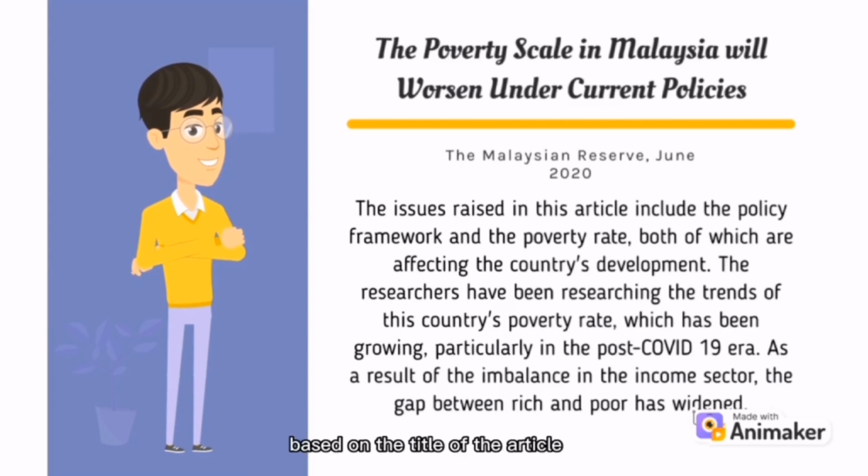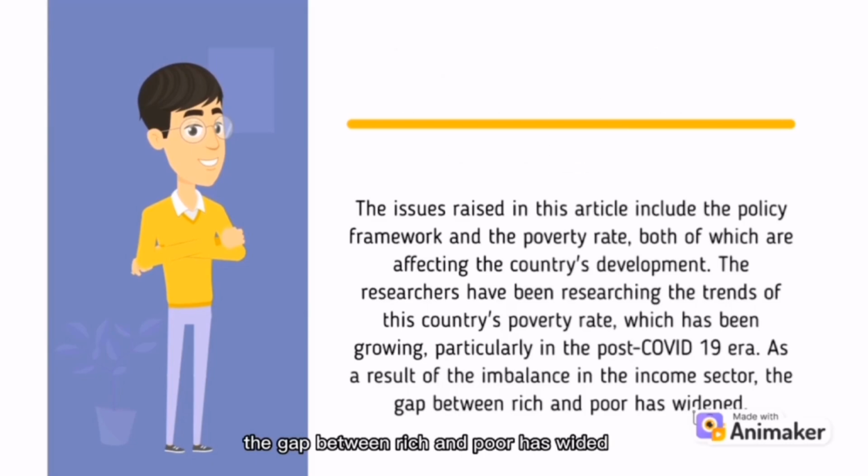Based on the title of the article, it already highlights one of the primary issues, which is that the poverty rate is rising since existing policies are ineffective in reducing poverty. Thus, researchers have been researching the trends of this country's poverty rate, which has been growing, particularly in the post-COVID-19 era. As a result of the imbalance in the income sector, the gap between rich and poor has widened.